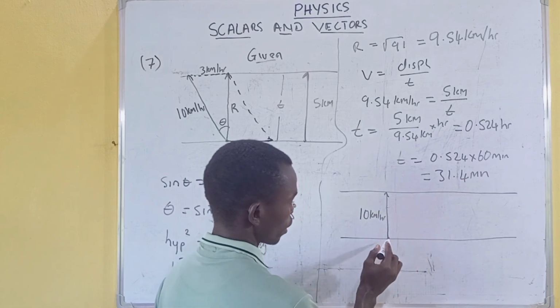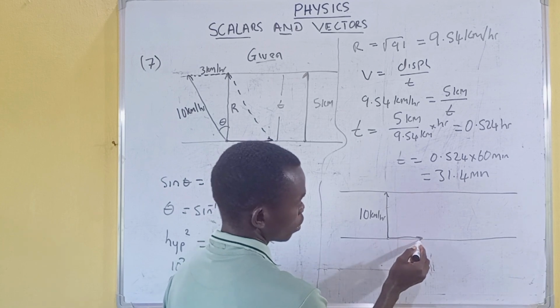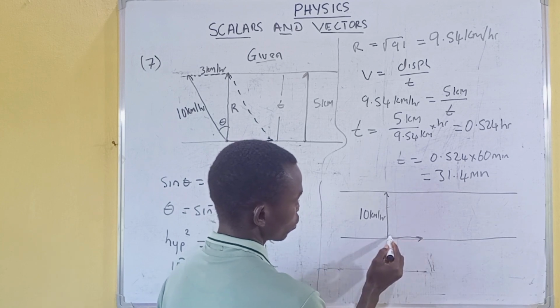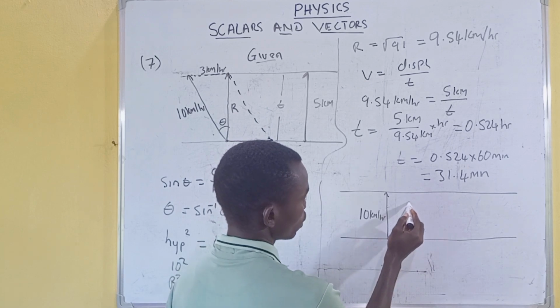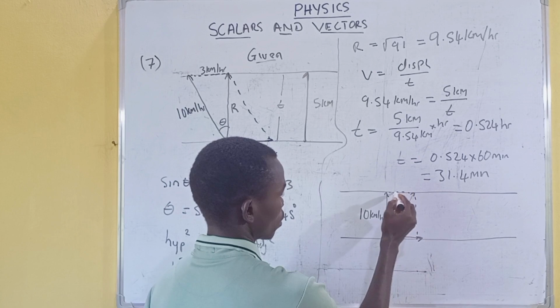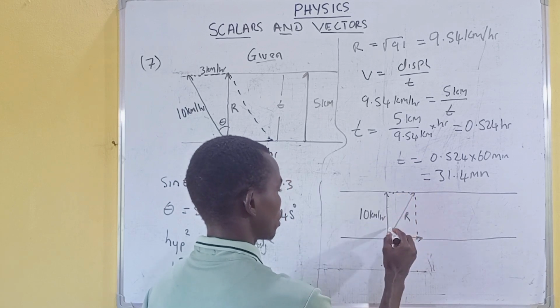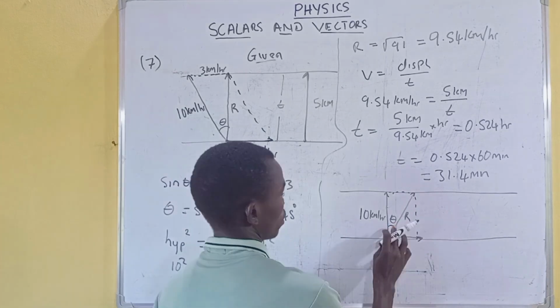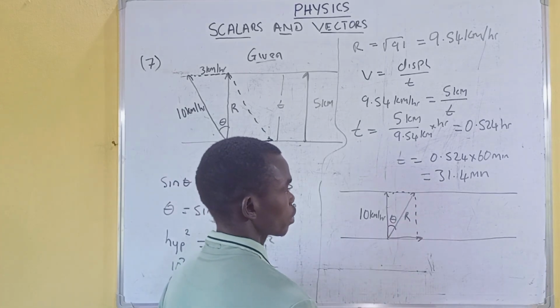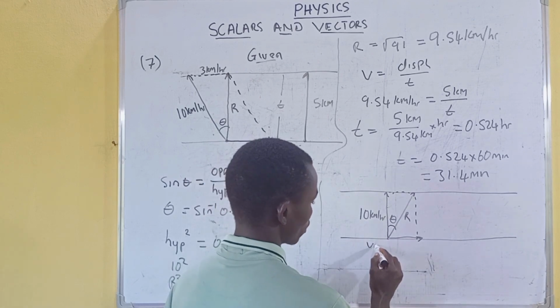The current of the river, which is going this way, will make the boat shift to this direction. Here is our resultant. Here is the new direction that he will head. This is our velocity vector.